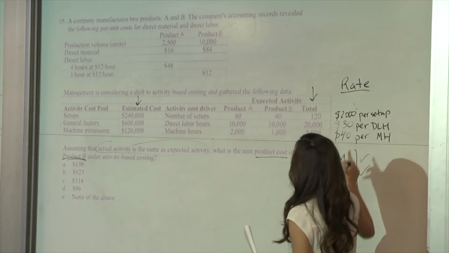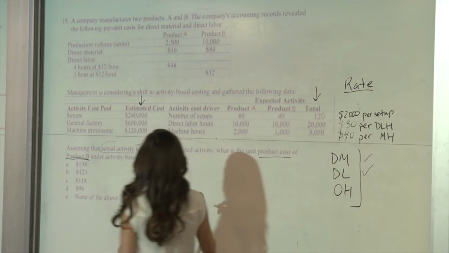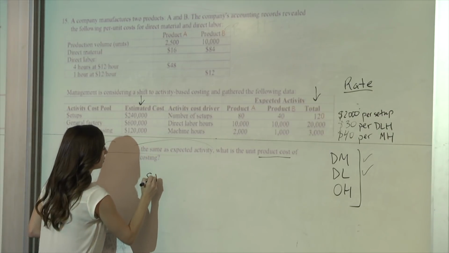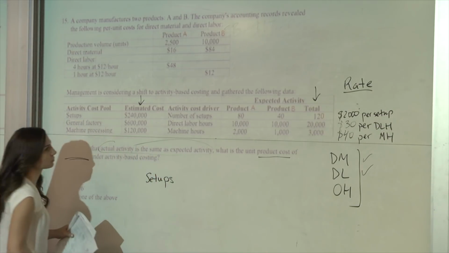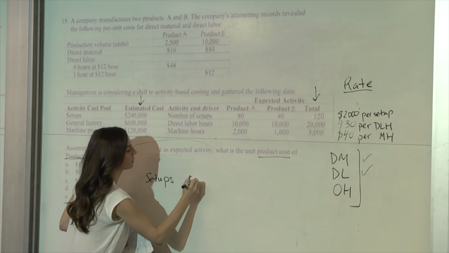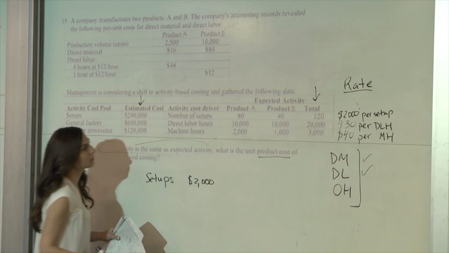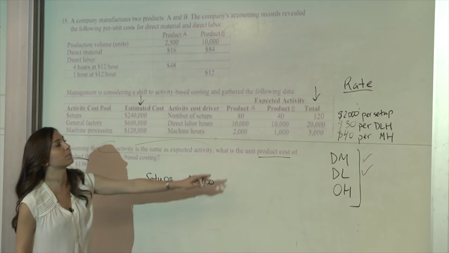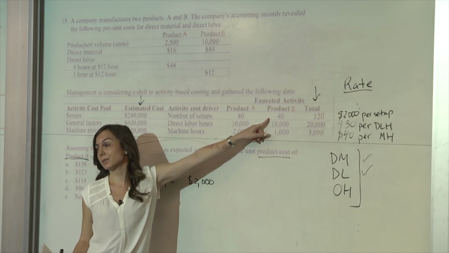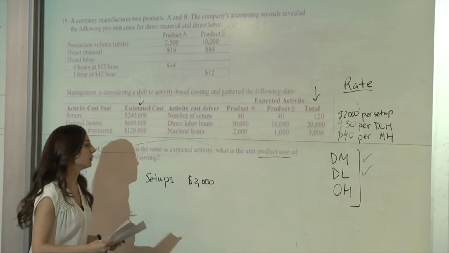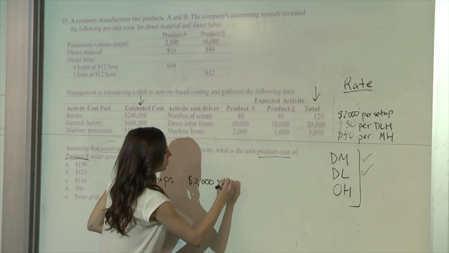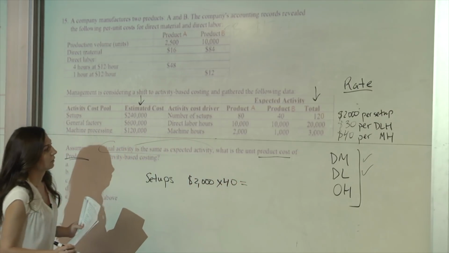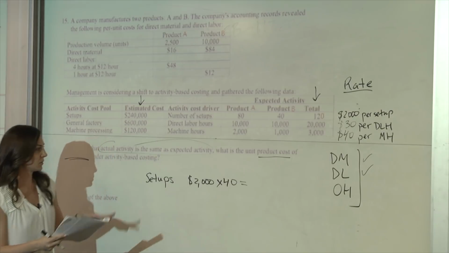So we take each of our rates in turn. So first, setups. We know that that's 2,000 per setup. And we're going to multiply that by the actual activity, which is equal to expected, times 40. Times 2,000, times the rate.